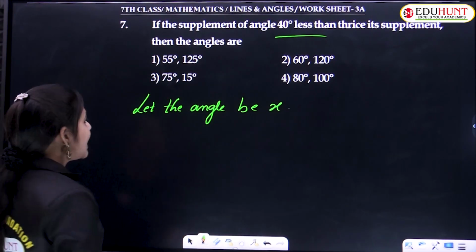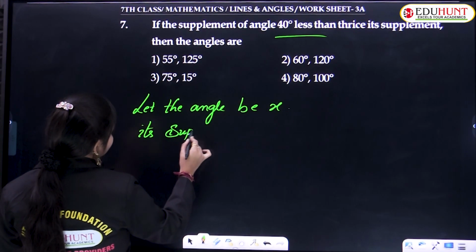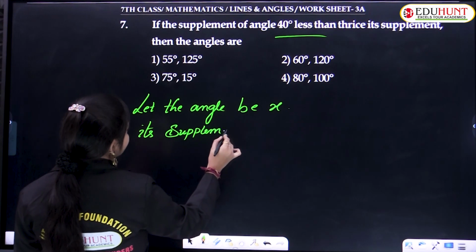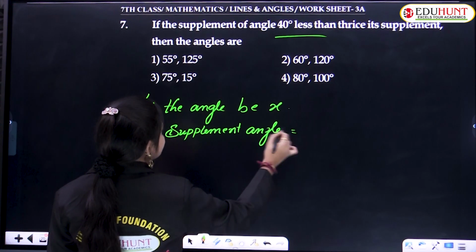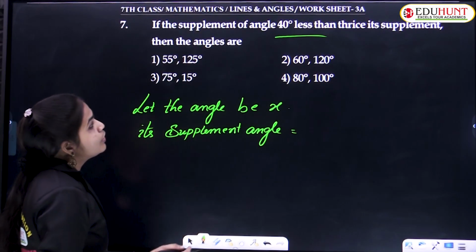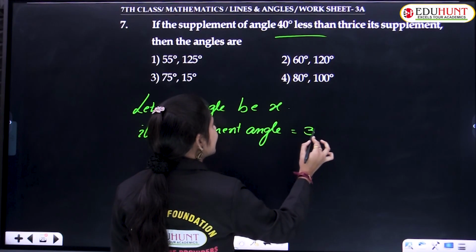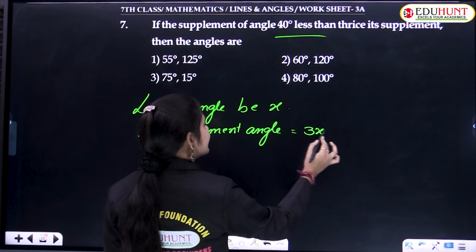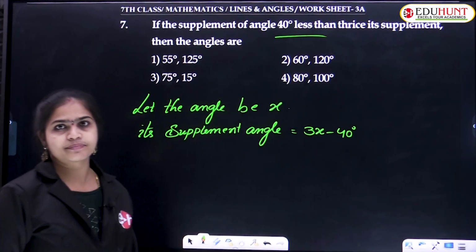Now its supplement angle is, how much here? 40 degrees less than thrice of its supplement. Thrice of its supplement means 3x, and 40 degrees less means minus 40 degrees.